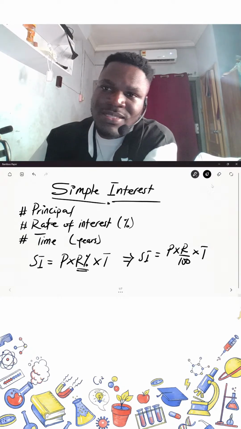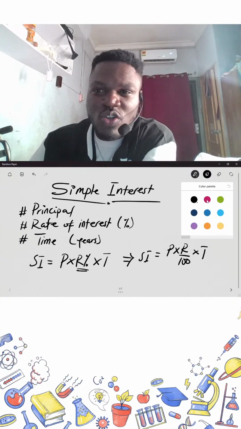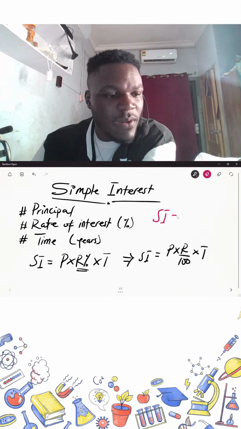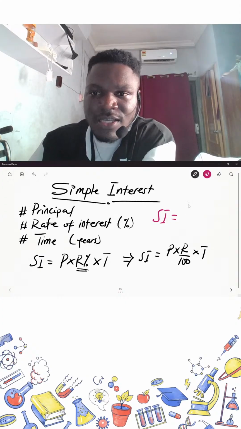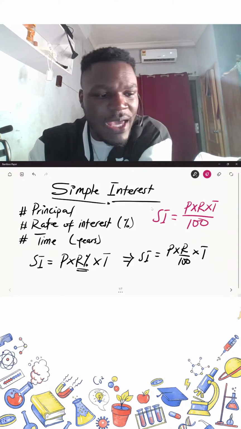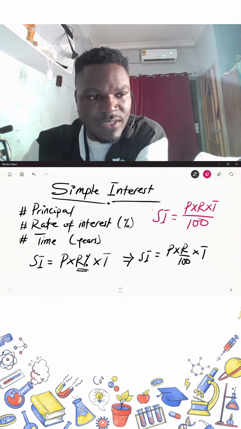Now, in mathematics, this whole expression can be rewritten in a nicer way, and that is how we have the popular formula: simple interest is equal to the principal multiplied by the rate multiplied by time, divided by 100. Are we okay? And this becomes the formula for calculating simple interest.